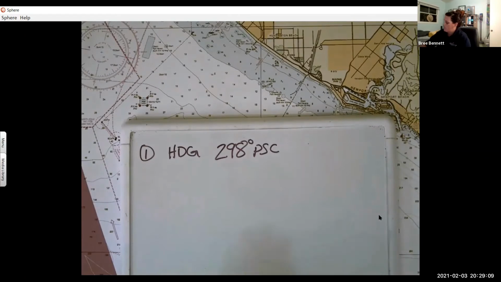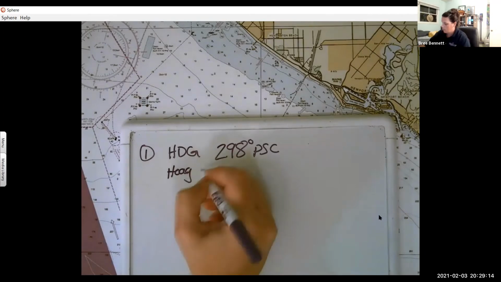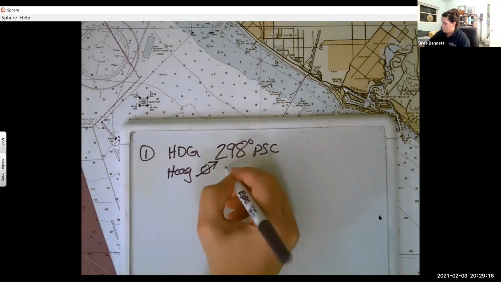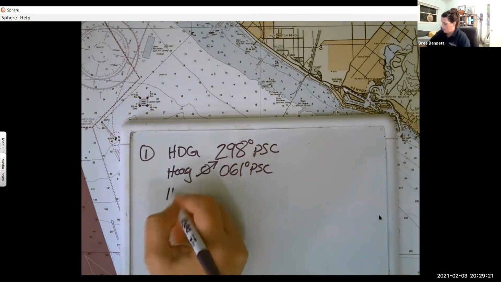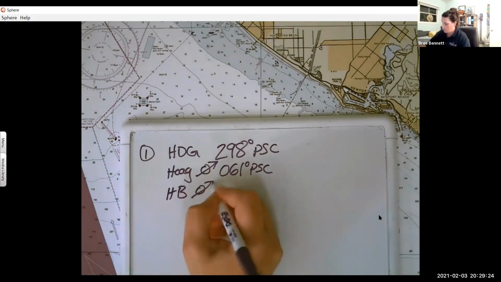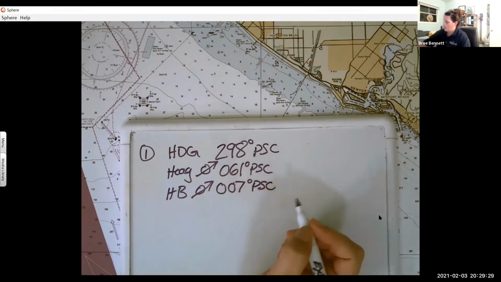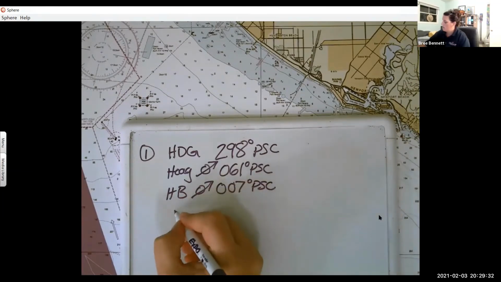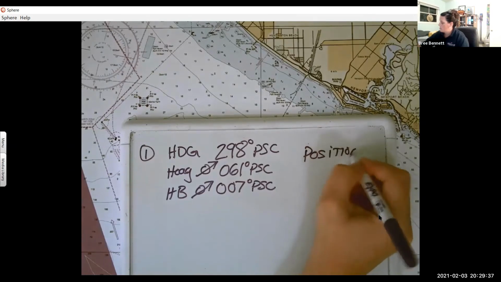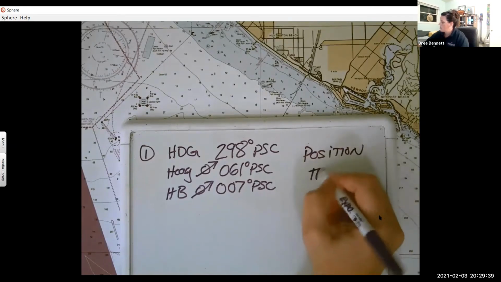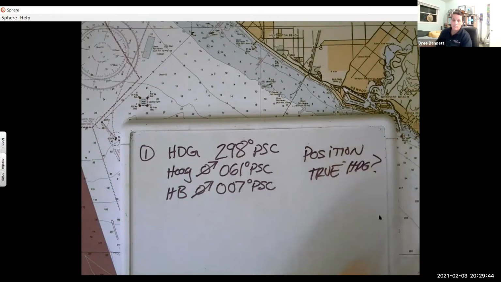So they gave us Hoag Hospital bearing 061 PSC, and HB bearing 070 degrees PSC. Okay, I want to know what my position is and my true course, so I can plot it on the chart.